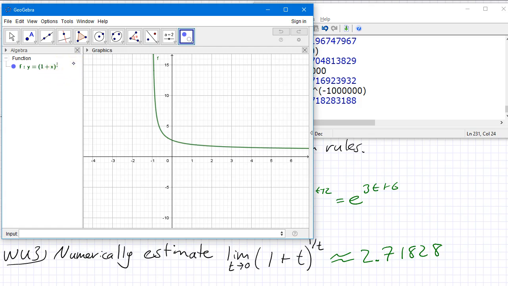Let's think a little bit about this limit, because it's a weird limit. We're talking about as t gets closer to 0, that means the base of it here is getting closer to 0, but then the exponent 1 over t is approaching infinity. Well, it's approaching infinity from one side, and then it's approaching negative infinity from the other side.